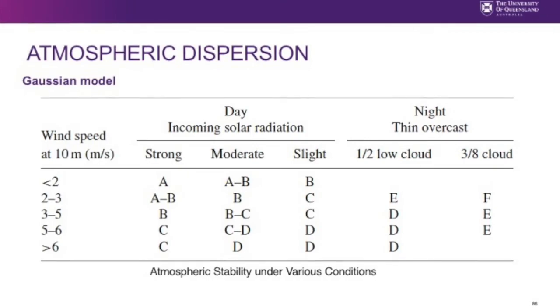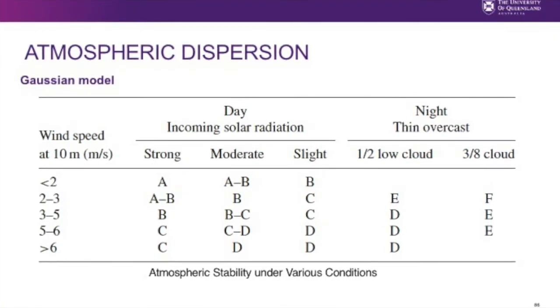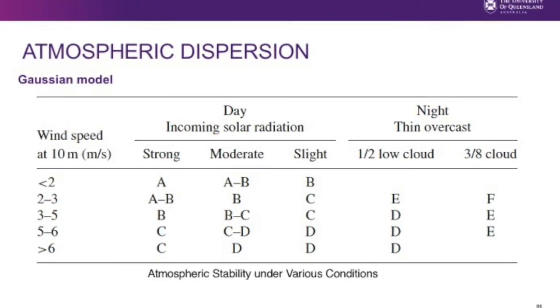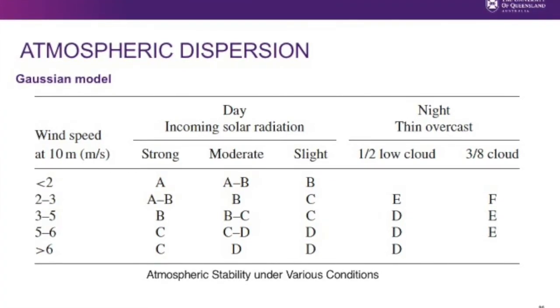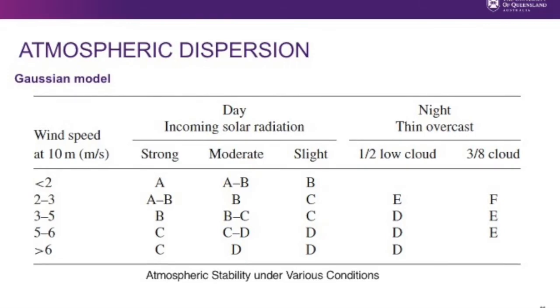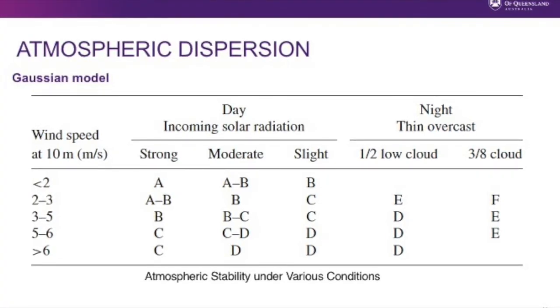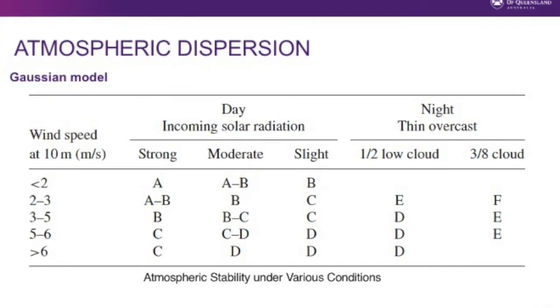And we classify it as strong, moderate, slight, or partly cloudy, or with more or less cloud, depending on the conditions. Atmospheric stability is classified in categories A through F, called stability classes. Class A is the least stable. Class F is the most stable.